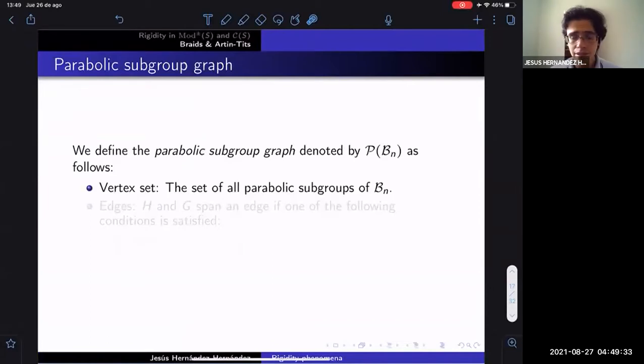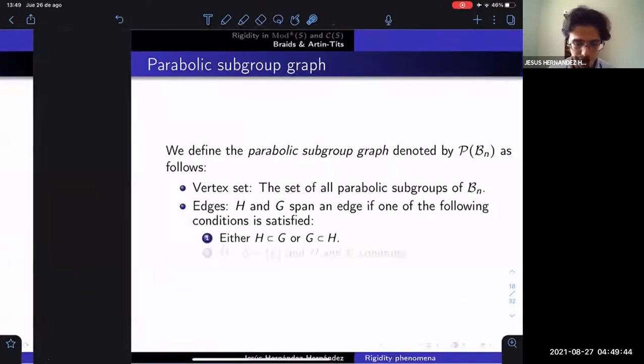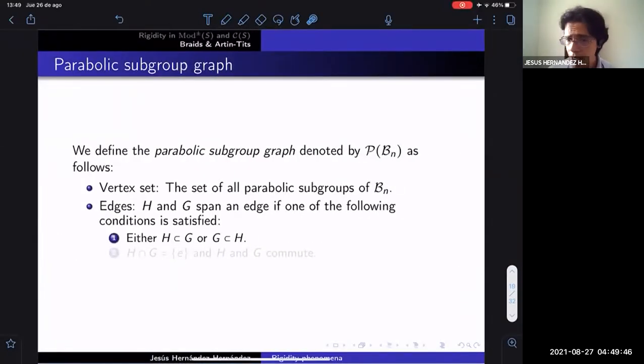The vertex set is going to be all parabolic subgroups, and for the edges, take two subgroups: they are going to span an edge if one of these two conditions is satisfied. One of them is that one subgroup contains the other. Another option is that their intersection is trivial and the groups commute.